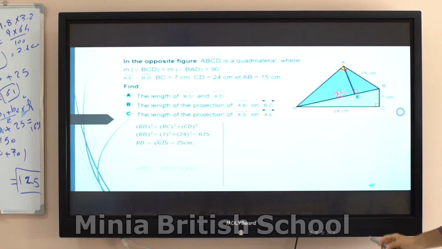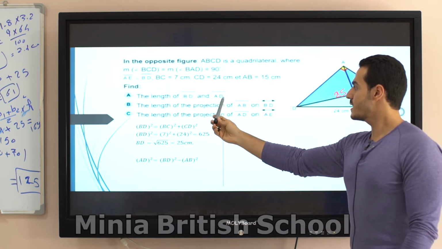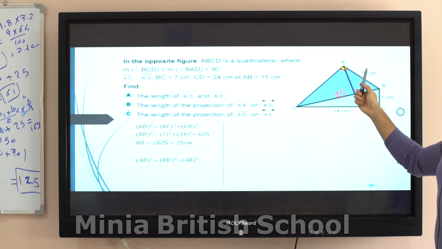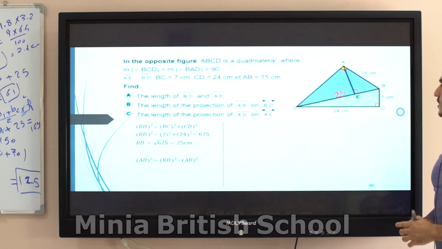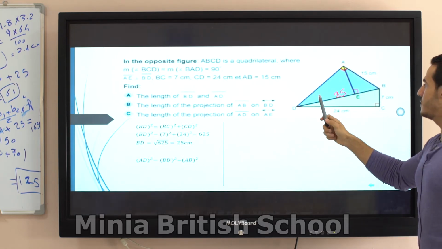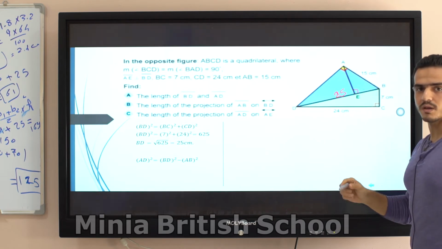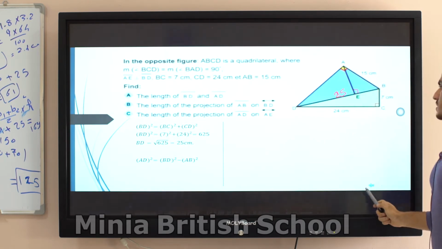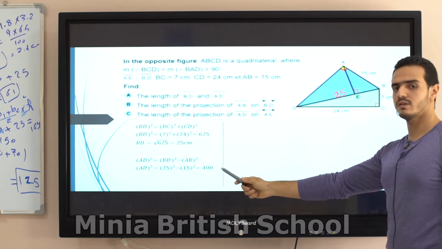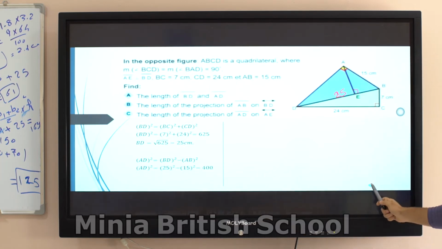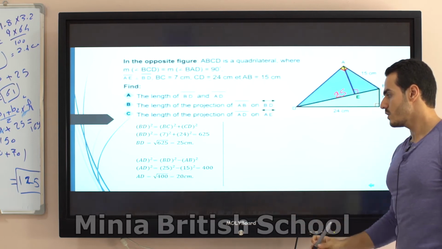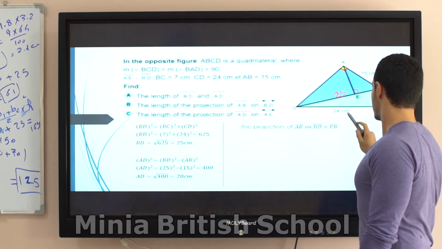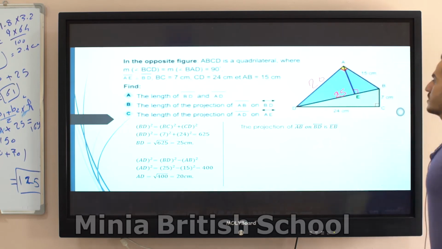Now find the length of AD. We will work in the upper triangle. Using Pythagoras theorem, 25 square minus 15 square equals 400. So the square root of 400 is 20. So AD equals 20 centimeter.